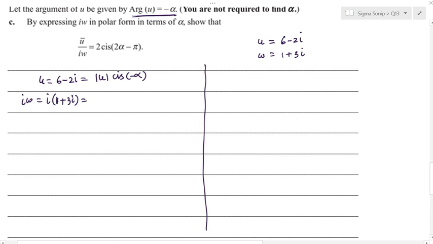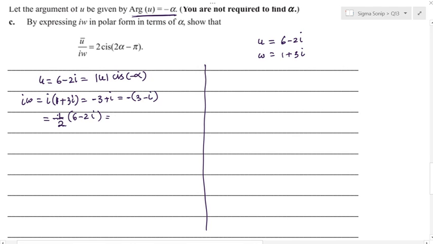That gives you minus 3 plus i, and I'll write that as minus half of 6 minus 2i. So basically this is u here. We can see that iw is related to u, and this u we already know what it is, as written here.